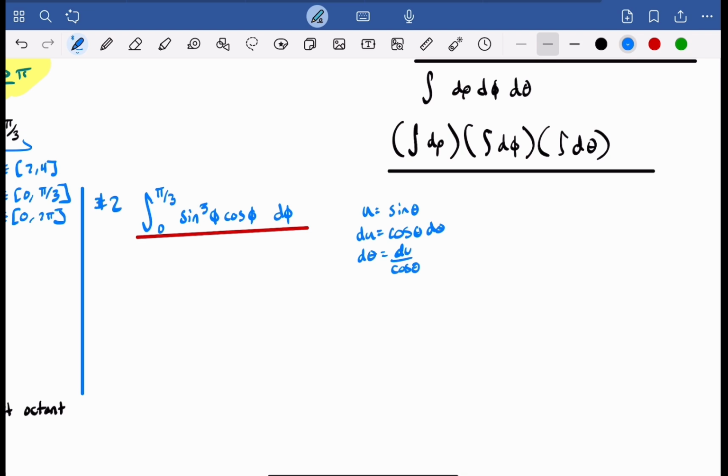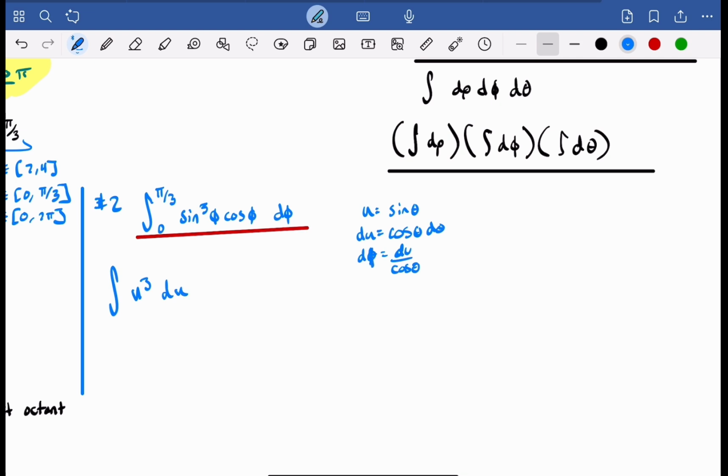So we have a u cubed, and basically what we're going to do is have u cubed d theta, because our cosine gets divided out, which is going to equal, well, I mean, say du here actually.